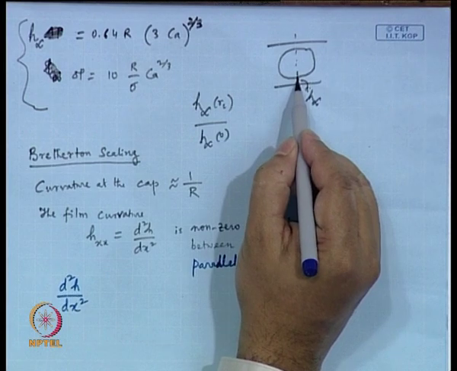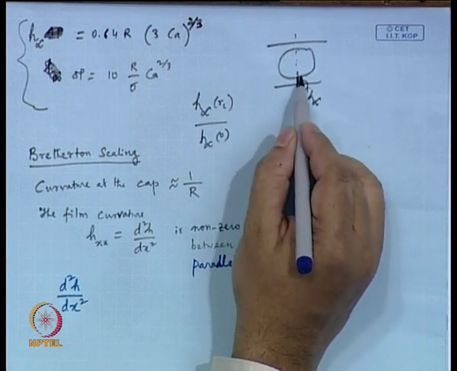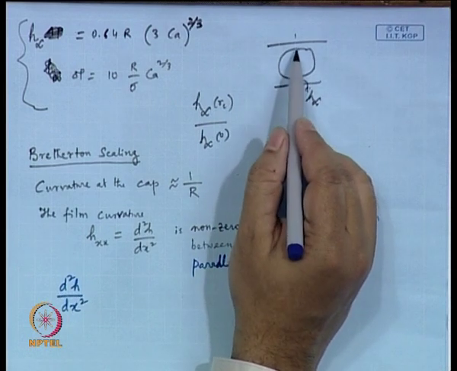For example, is it 10 to the power minus 4 or 10 to the power minus 1 or 10 to the power 3? Can you give me some idea what portion would be occupied by the liquid and what portion would be occupied by the gas? Can somebody give me this idea?